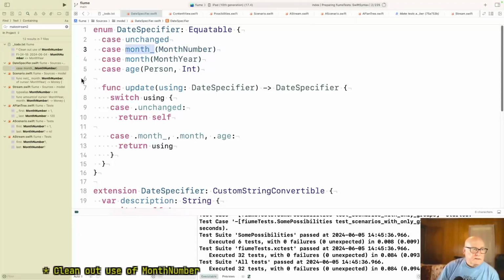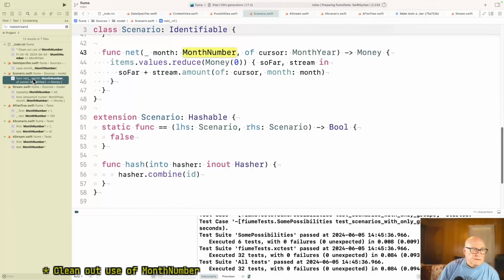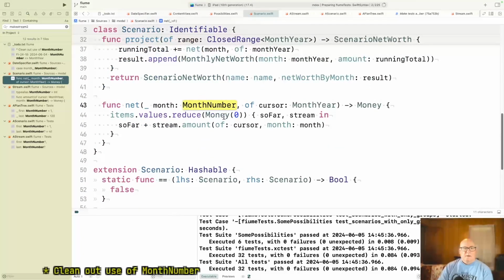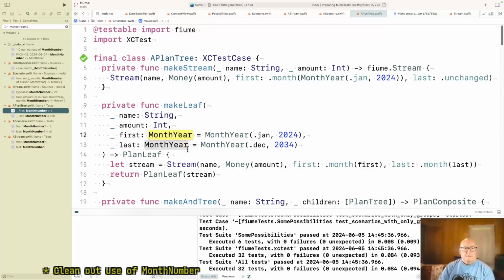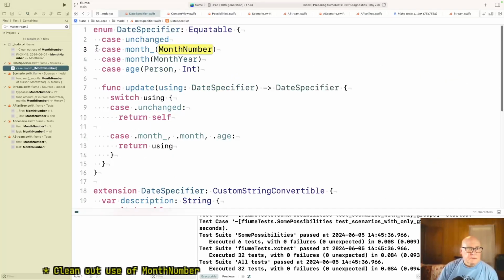Now that net month number. Okay, yeah. Yep. That is both month, year. Okay. Right. So who uses this?